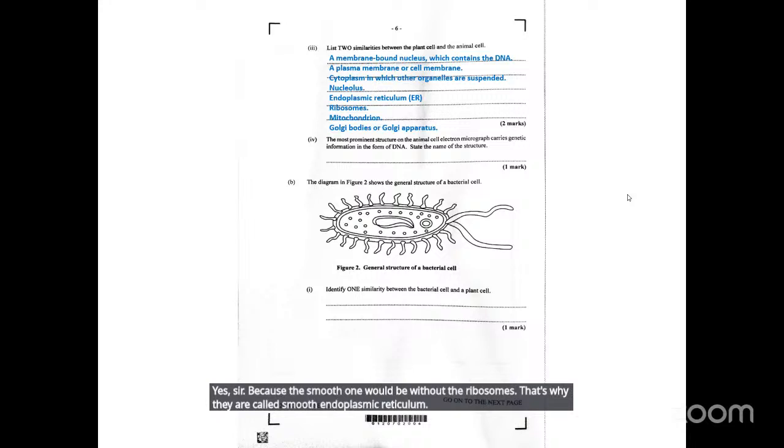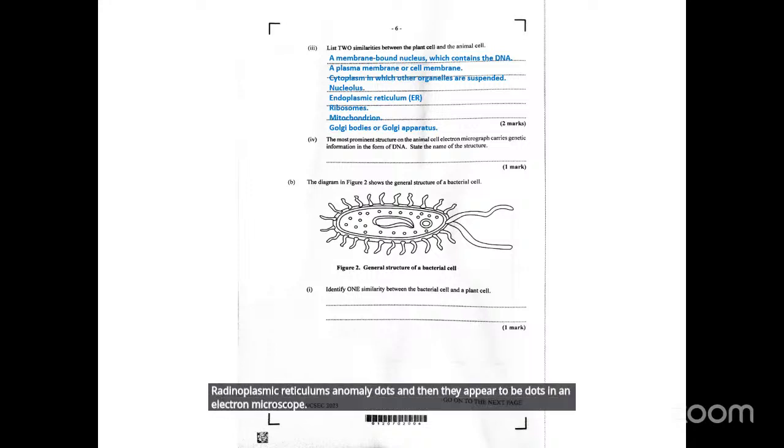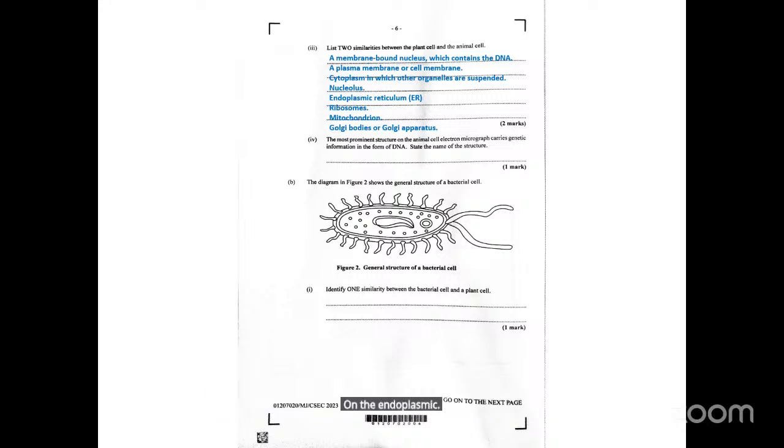The ribosomes appear as dots in an electron microscope. So you have smooth and you have rough. The rough one is the one that has ribosomes.